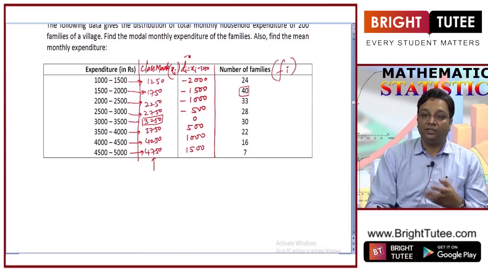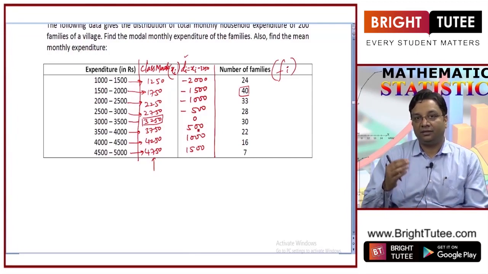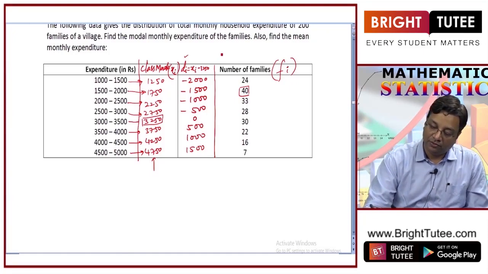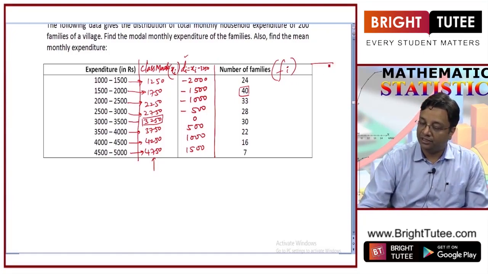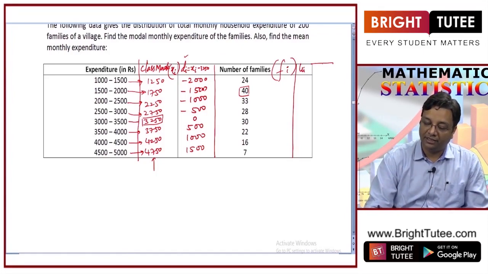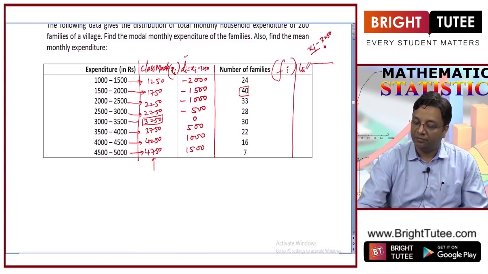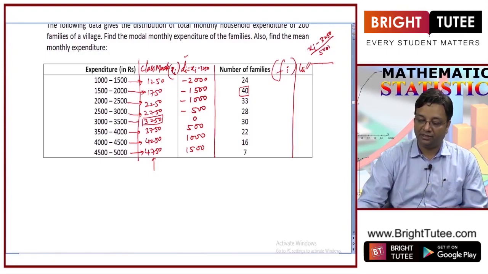Now let me calculate ui. So I'll divide these numbers by a certain number so that all the numbers get even shorter. For ui, I am dividing these numbers by 500. So ui here is xi minus 3250 by h, that is 500 in this case.